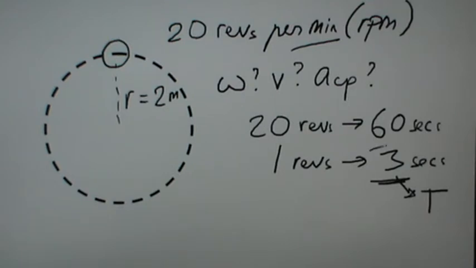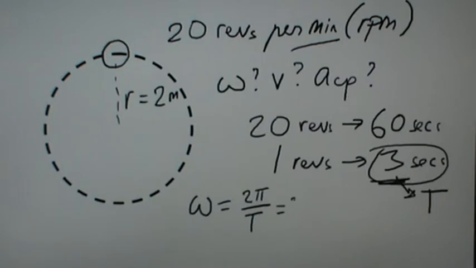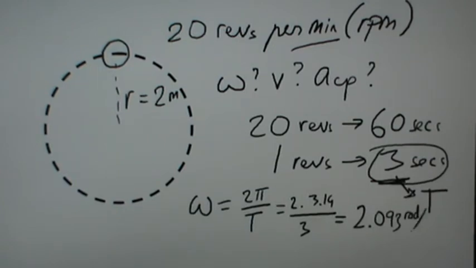Since we have calculated the period, we can now calculate the angular velocity omega, which is 2 pi divided by the period. Here you can calculate that the value of omega will be 2.093 radian per second. Here 3.14 is the value of pi.